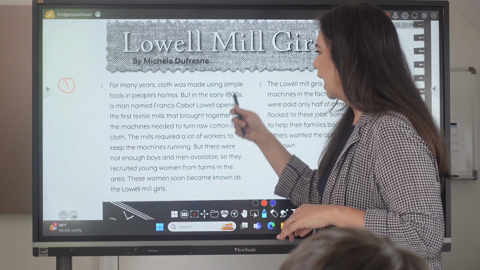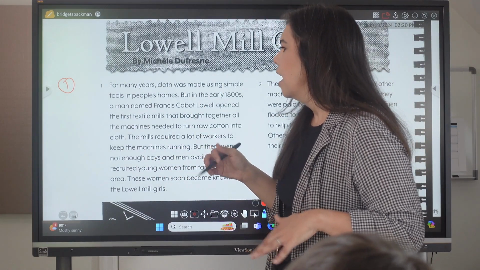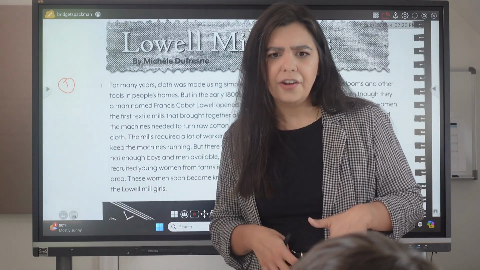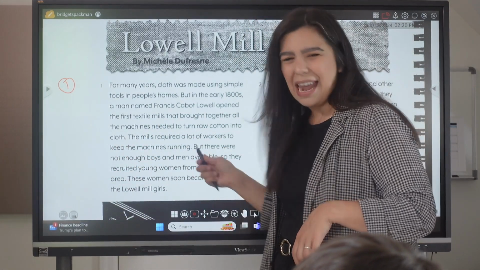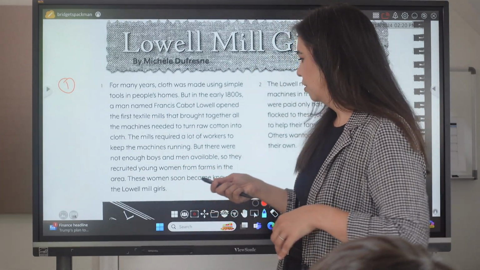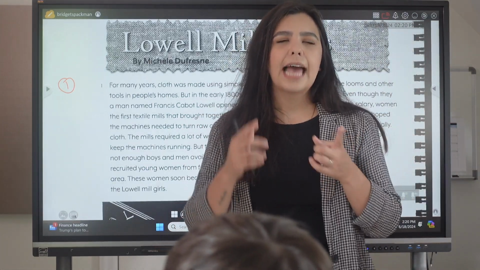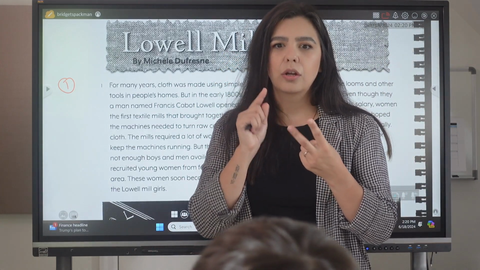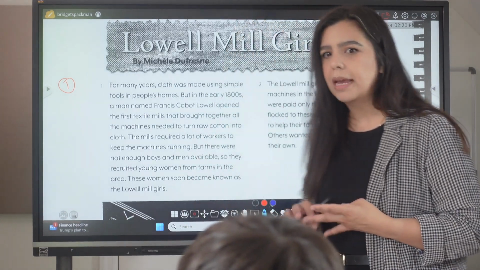But then in the 1800s, this guy named Francis was like, wait a second, I'm going to bring all these machines together and we're going to do it in this big factory. But did they have men and boys to do this? No. Who do they have to hire? Women. A lot of women. So I think what I'm going to try to say here is that women were making cloth. What do you think? Women were making cloth.